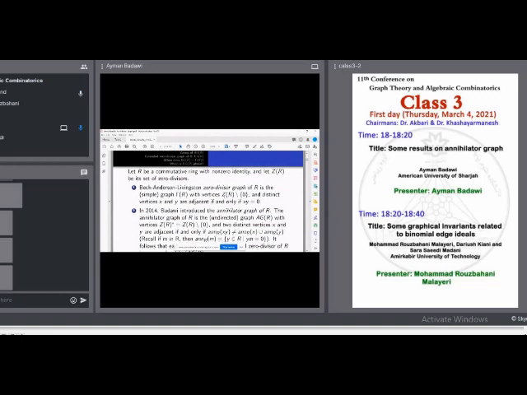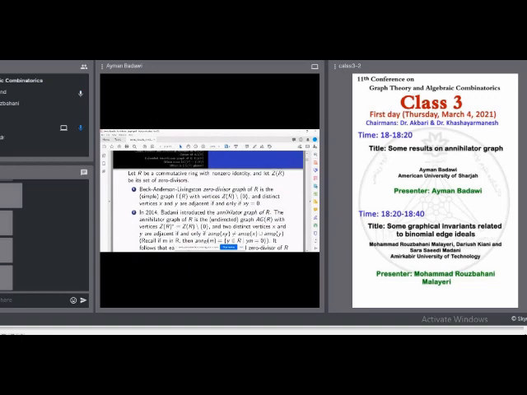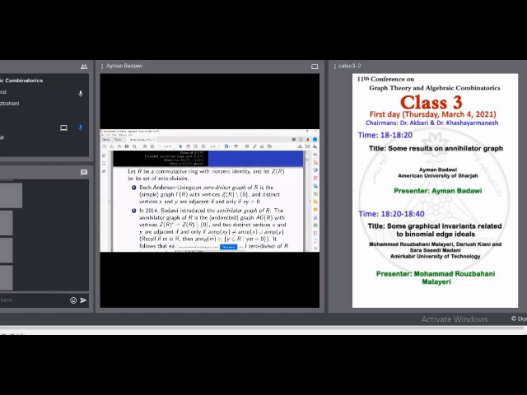All right. So in this talk, my ring R will be commutative with non-zero identity, and Z(R) will be the set of zero divisors. I take you back to before 1999, where I put the three names together.